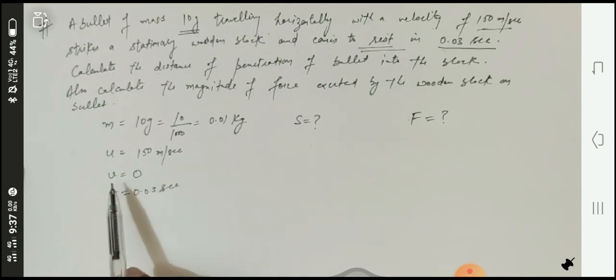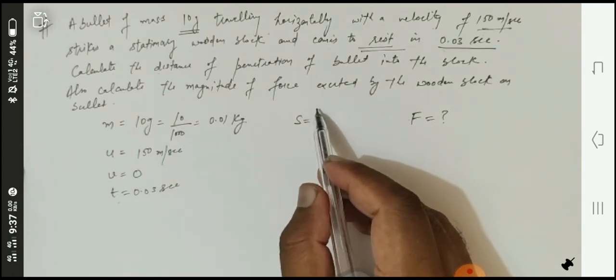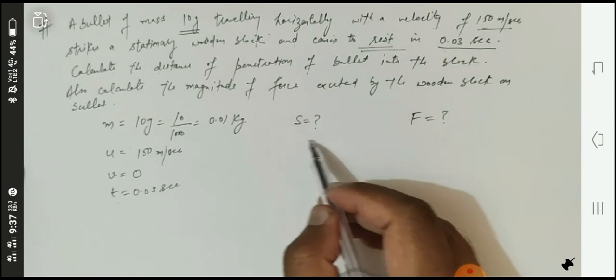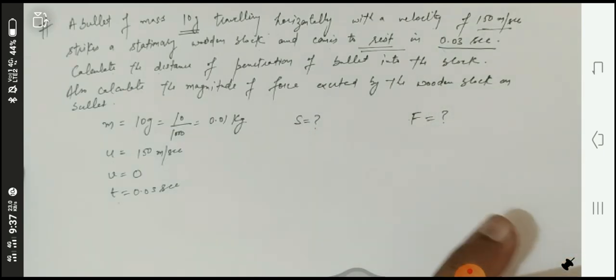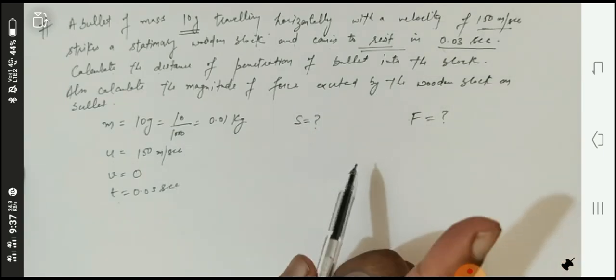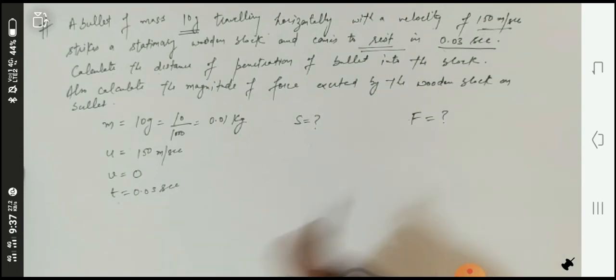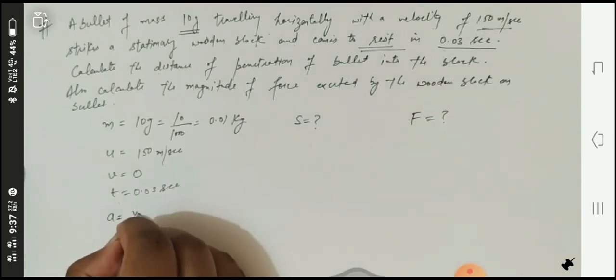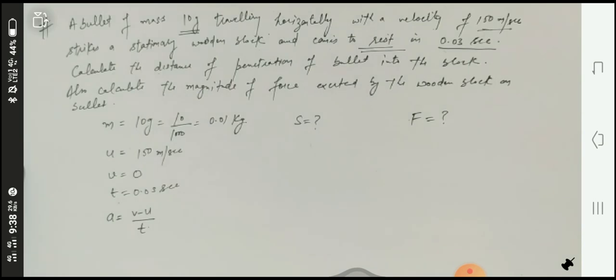So we have the value of v, we have the value of u, we have the value of t and mass. Fine. So we can calculate the value of s by using equations of motion, but we don't have acceleration in this. First of all, you need to calculate the value of acceleration, v minus u upon t.